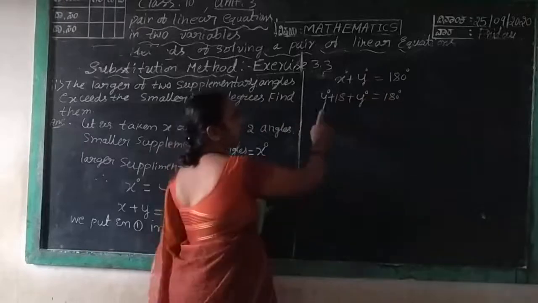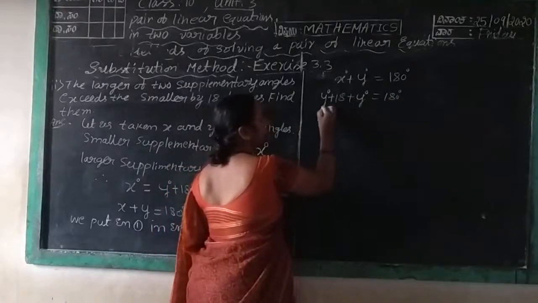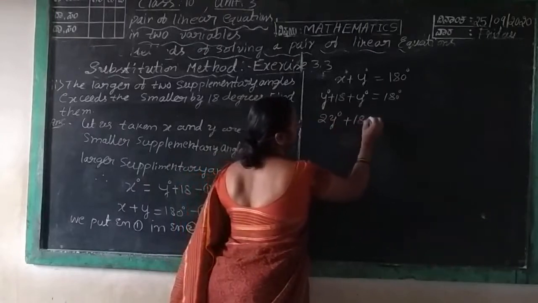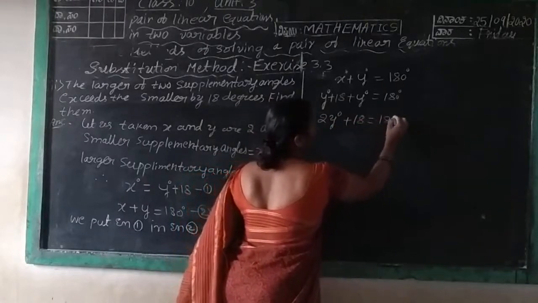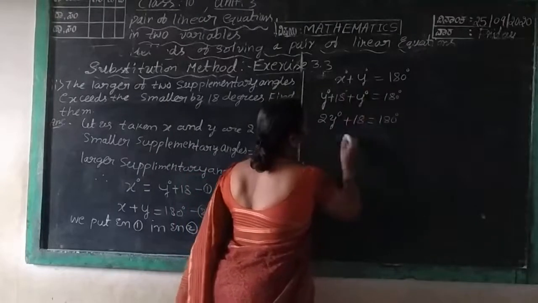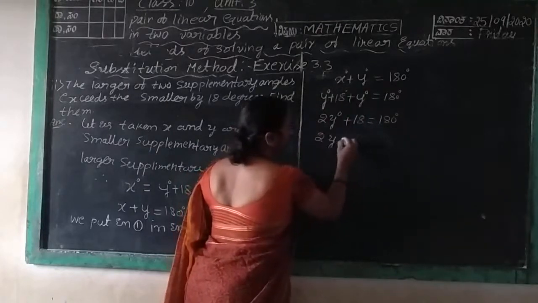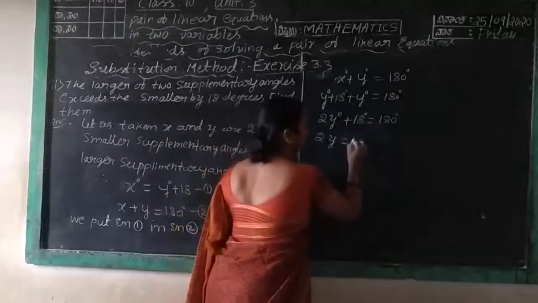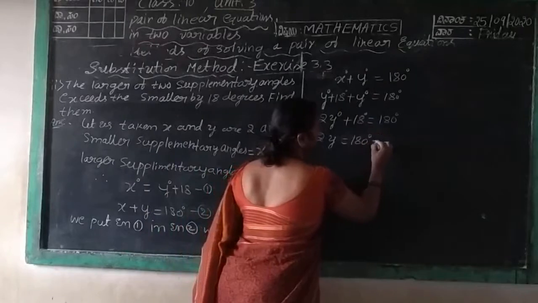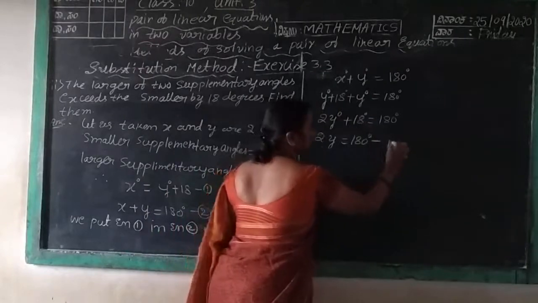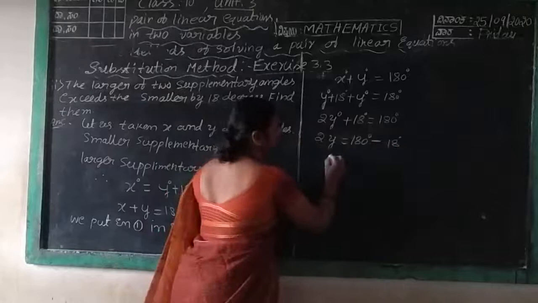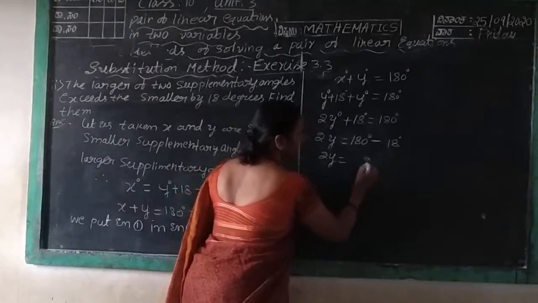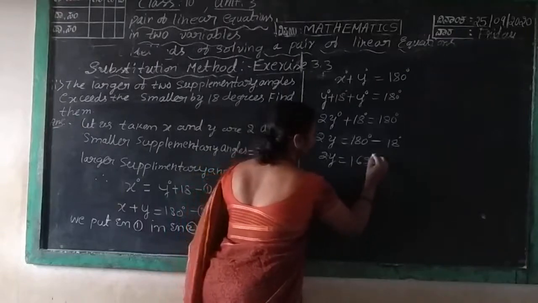Then plus y and plus 1y, we add to get 2y. Then plus 18 degree. Then 2y, replace the 18 degree to the RHS side. Plus changes to minus. Then subtract this, we will get 162 degree.